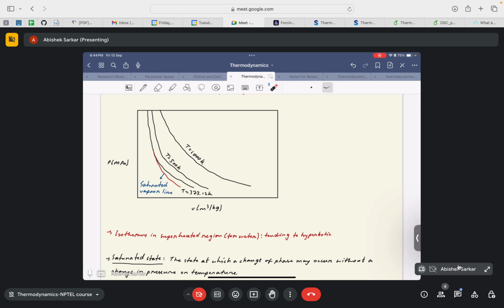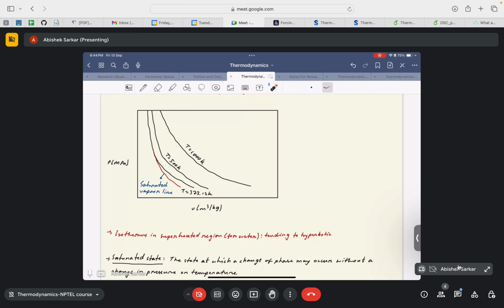That was for an ideal gas. But in the case of water vapor, very far away from the liquid vapor dome, at the very highly superheated regions, these isotherms also tend to behave as rectangular hyperbolas.